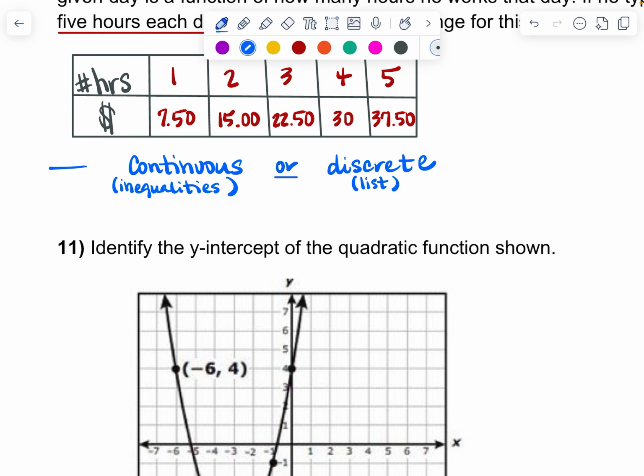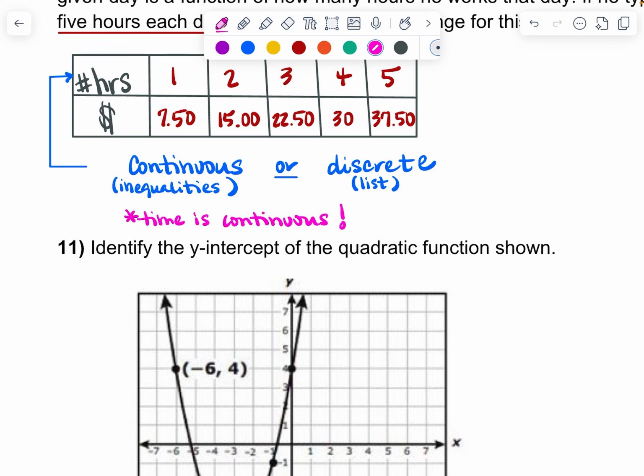Now remember, in order to figure out what type it is, you always go look at the X variable. Well, our X variable is time. And time is always continuous, right?